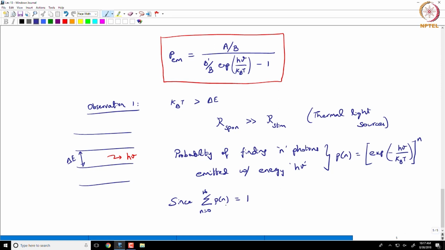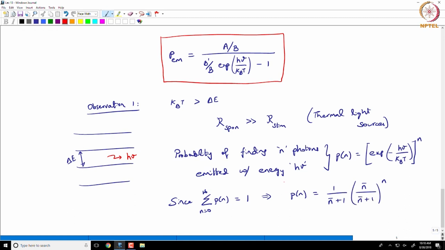Since the sum of all these probabilities will have to be equal to 1, under this condition you have an expression for P of n, which can be derived as 1 over n bar plus 1, times n bar over n bar plus 1, to the power of n.